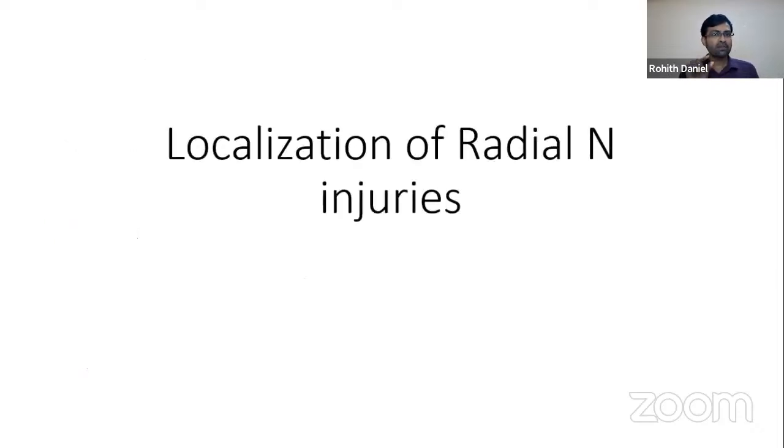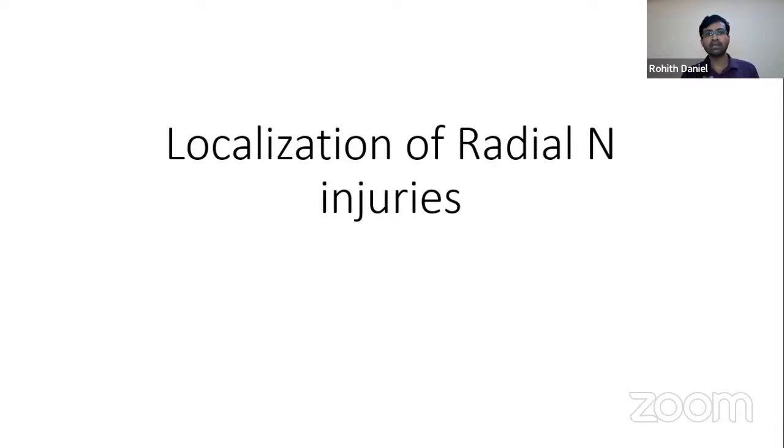Now there is a small topic that I would like you to learn, which is localization of radial nerve injuries. This is a very important topic and very regularly asked in your exam. So this is a case where there is finger drop, no sensory deficit. Sometimes they will ask you, a patient has come with finger drop with sensory deficit.